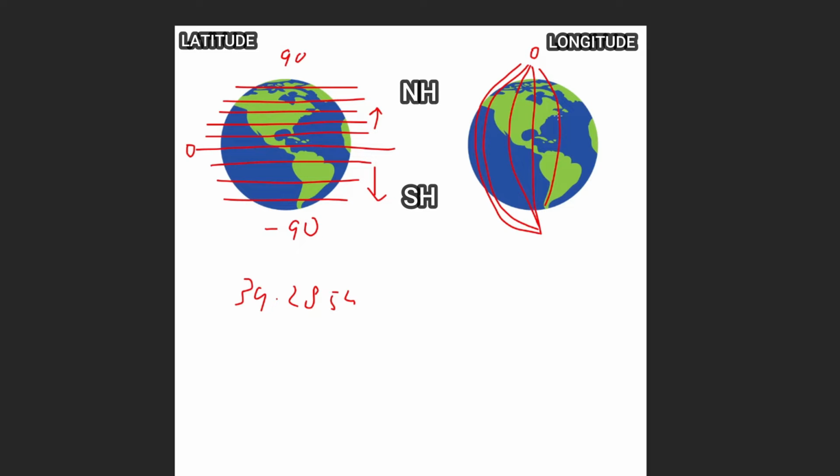And same thing this way. All right. Now, going to the east, right, it runs from 0 degrees to 180. Alrighty. Going to the west, it goes from 0 degrees to minus 180. And together that's 360, which makes sense because we're going around the globe, all right?